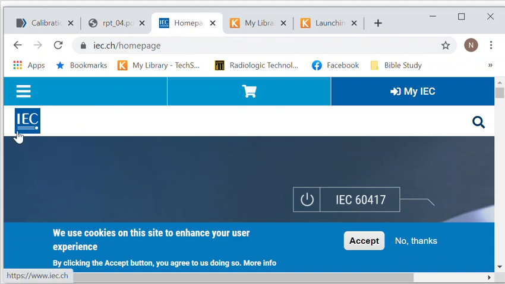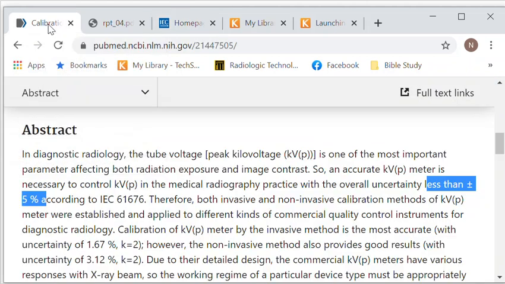IEC stands for International Electrotechnical Commission, or something like that. It may not be the authority, but it's an authority on how well electrotechnical machinery should work. So in this case, it should be plus or minus 5%.